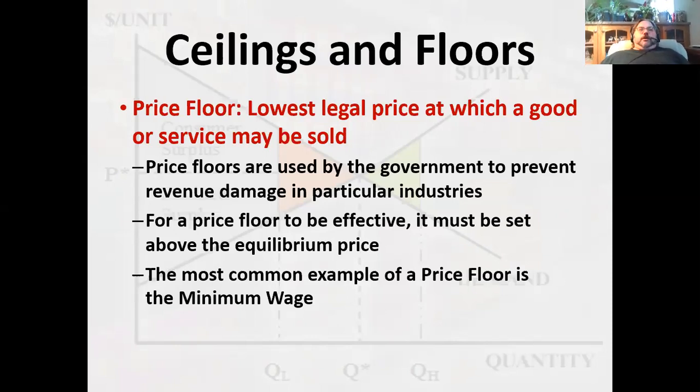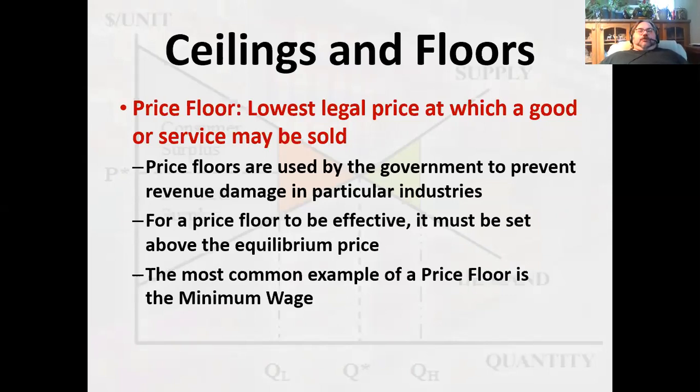Well, at $15 a bushel, that price floor is above the equilibrium price. We know that when it's above the equilibrium price, demand will decrease. Maybe some of the cereal companies, instead of buying corn, will switch to buying oats. Substitutes are available: oats, barley, rye, wheat, sorghum.